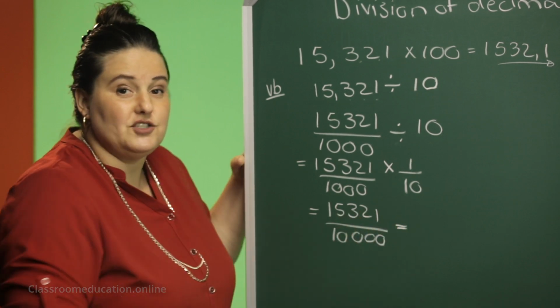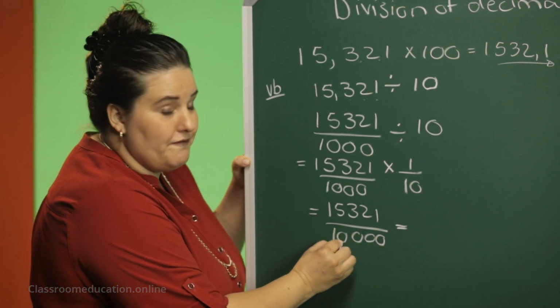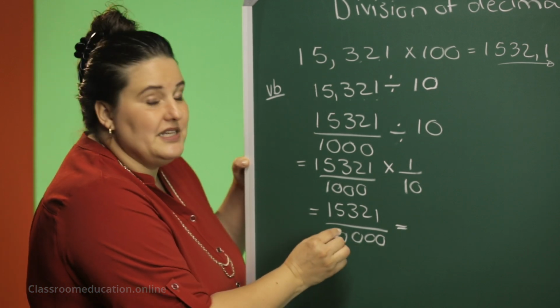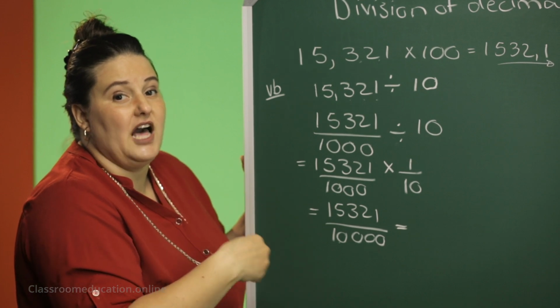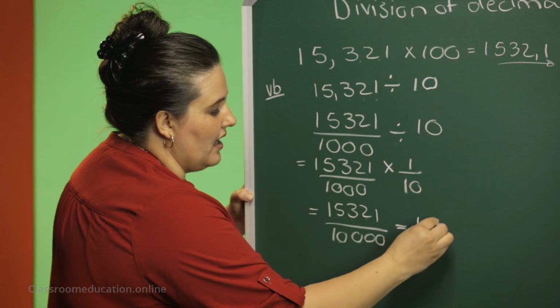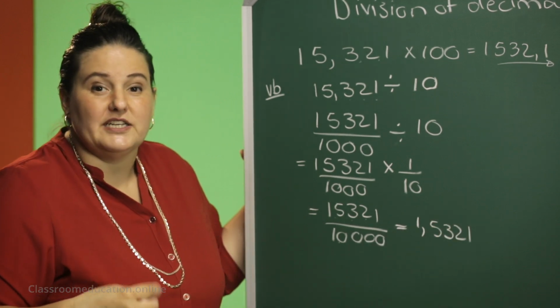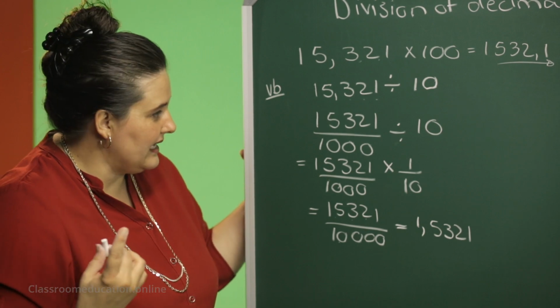And if I need to rewrite this now as a decimal number, there are 1, 2, 3, 4 zeros. So it means there need to be 4 spaces after the comma. So it's 1,532,1. So what did you see? What's happening here?